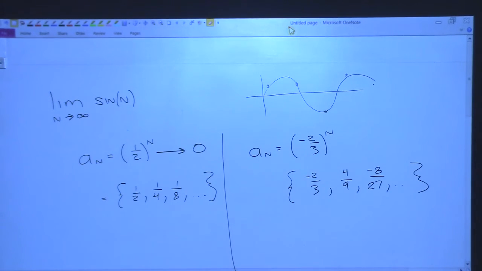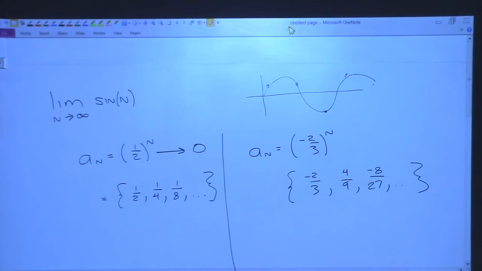Is that approaching 0? Is it approaching 1? This one's a little bit more troublesome, isn't it? You feel like it is? Why? Even though the signs are still alternating, the numbers are getting closer and closer.